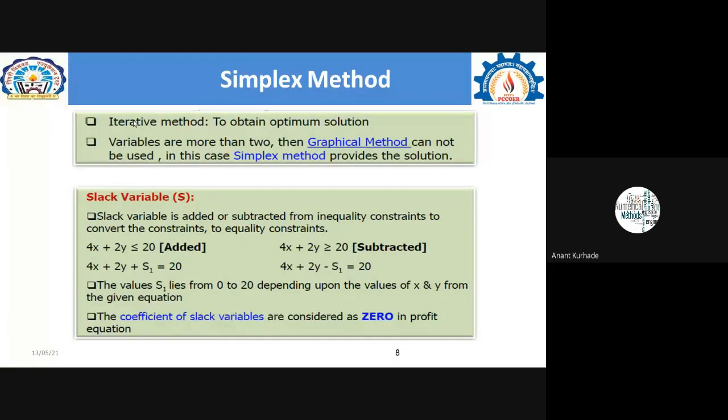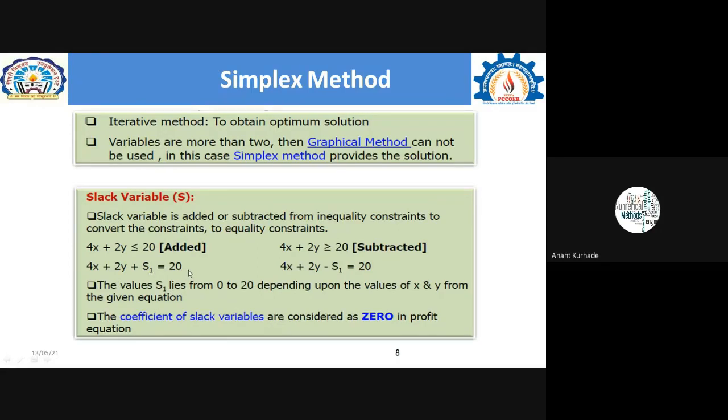Now again we'll start. Here it is given that a slack variable is added or subtracted from an inequality constraint to convert it to an equality constraint. Now see here, it is less than, so in 4x plus 2y the left side has a lesser value than the right side, so you have to add this s1.